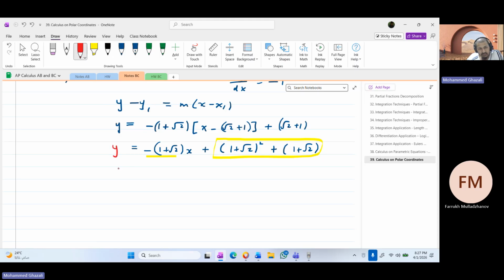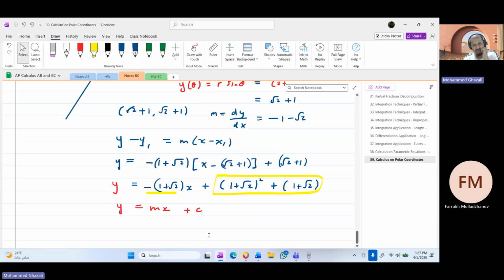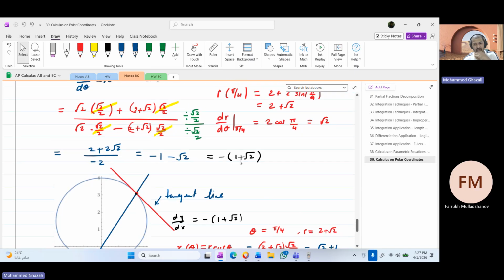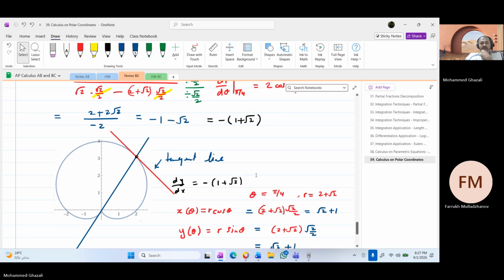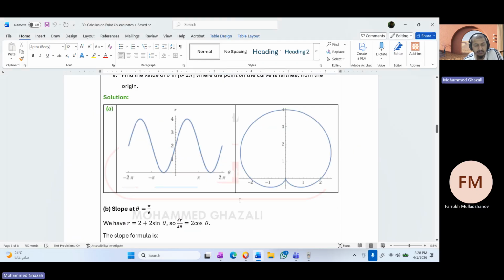It's written in the form y equals mx plus b, or mx plus c. Makes sense? Right, so the question didn't ask for this. The question just asked for the slope. The slope is negative 1 times (1 plus root 2), and you can see the geometrical interpretation of this. Are we good? Excellent.